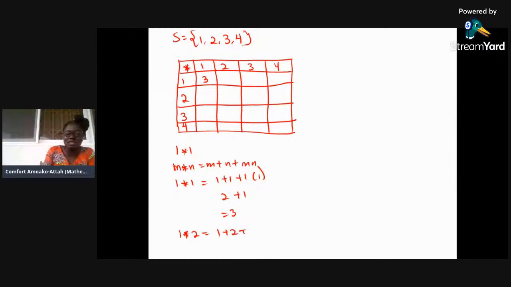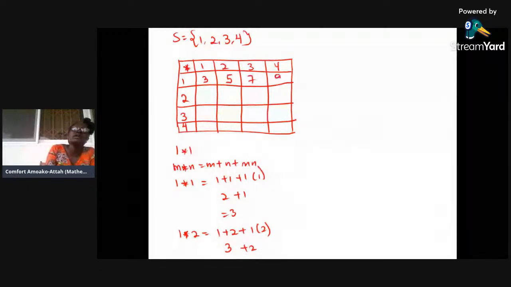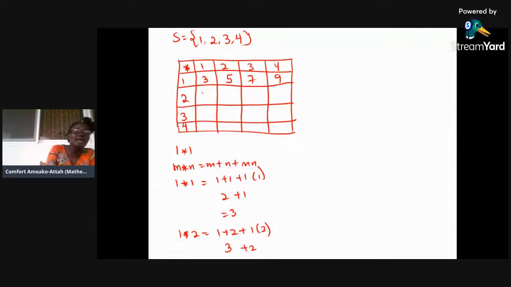So when you're doing that, you have to be smart so that you get your table filled out. So you have 3 plus 2, so this is also giving me 5. So I'll fill the rest for you, then I'll leave you to work out and confirm the answers we have at this side.